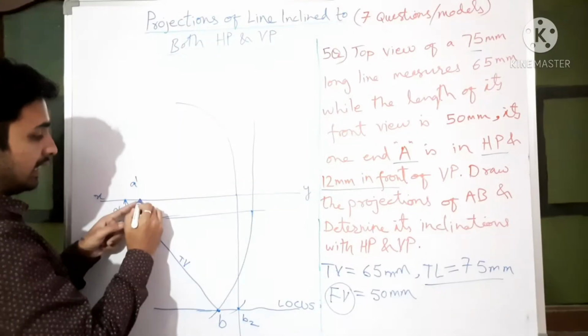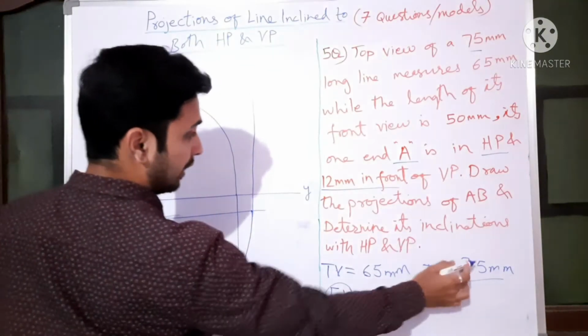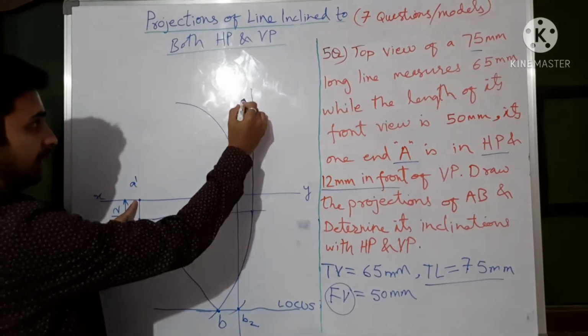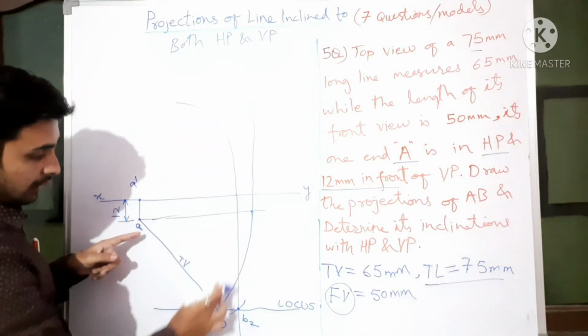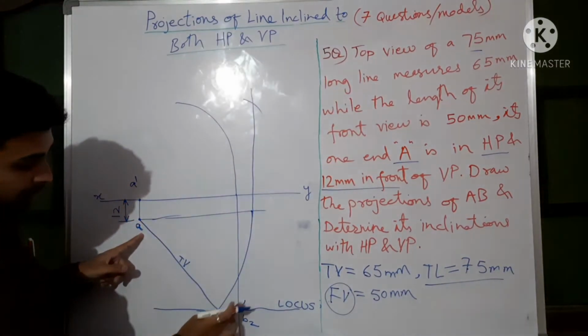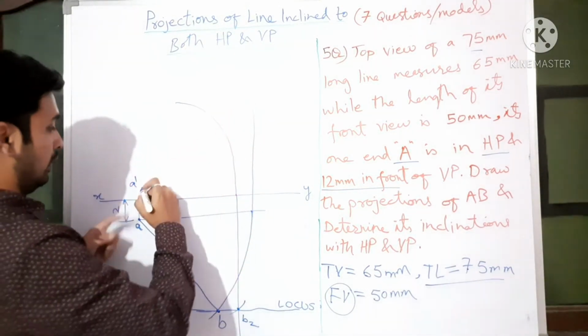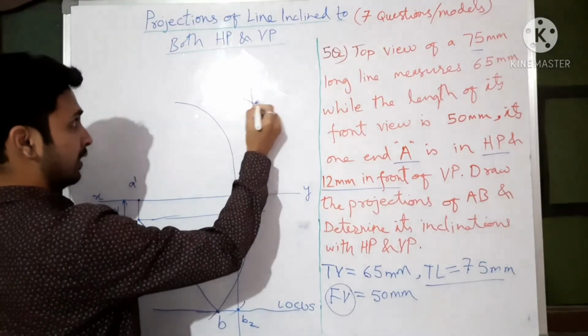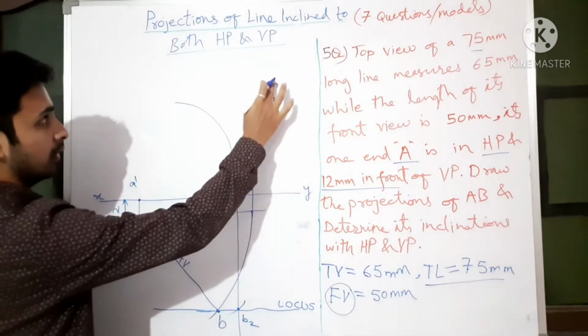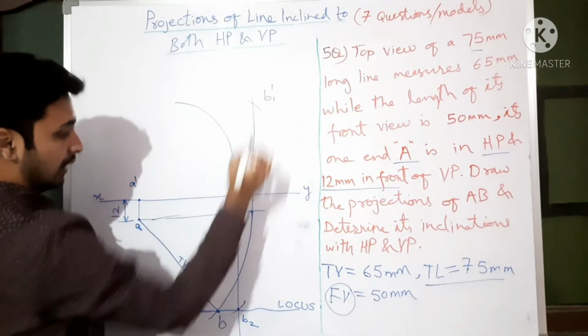So this is the center, radius is how much? 75. Take this and cut this line, like how 50 here you have taken, and with true length you have cut this. Now with true length only we will cut to this top view line. So join this. So this is your B1 dash, and this is your B2.